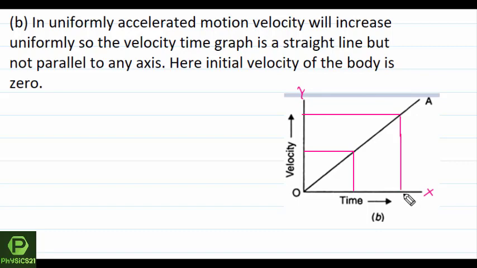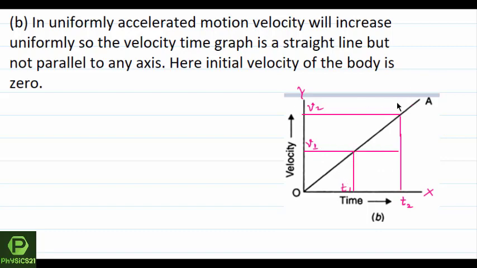So let at time t2 velocity is v2 and at time t1 velocity is v1. So to calculate slope, initially we complete a right angle triangle.